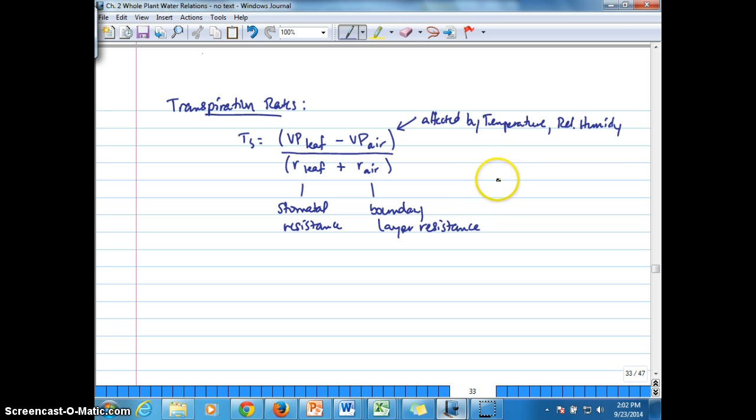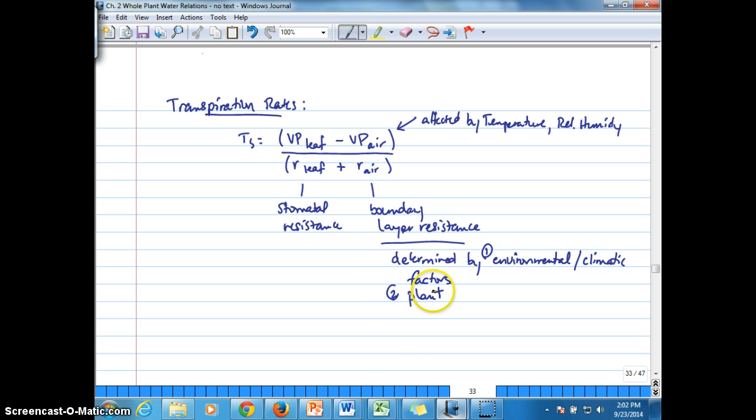And the resistances, especially boundary layer resistance, are determined by environmental or climatic factors, and also by plant structural adaptations.